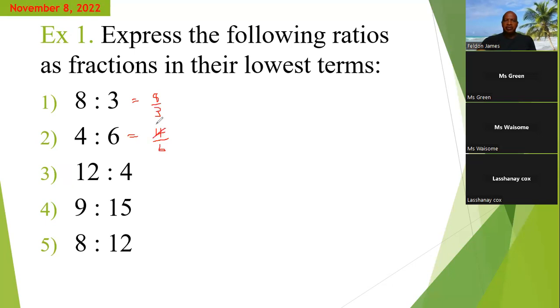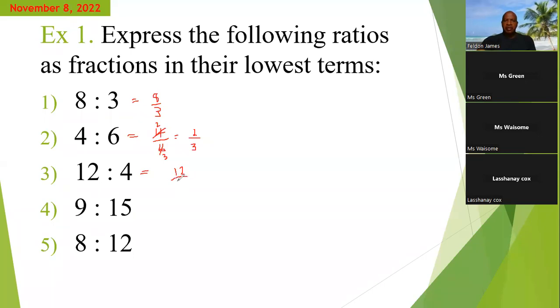So 2 into 4 goes 2 times, 2 into 6 goes 3 times. So this ratio simplified as a fraction in its lowest terms is simply 2/3.